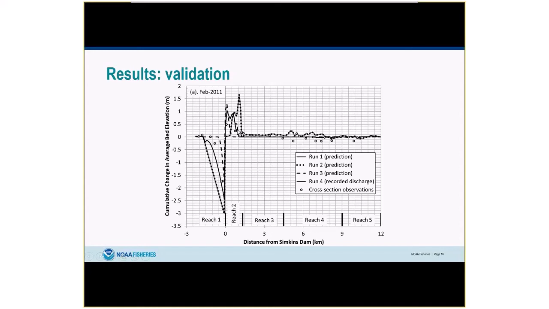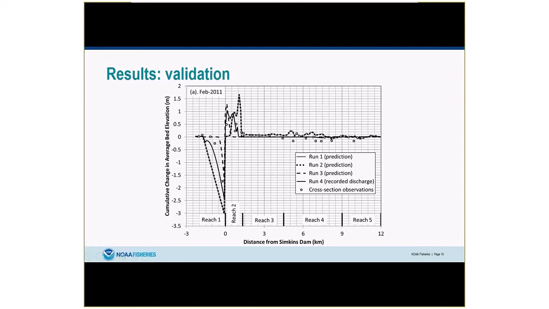Runs 1 and 2 also show deposition down near the fall zone in Reach 4 at this time, which we know didn't happen until about 7 months later. Observations downstream of Bloaty, reaches 3 to 5, are measuring natural erosion or deposition at this time.